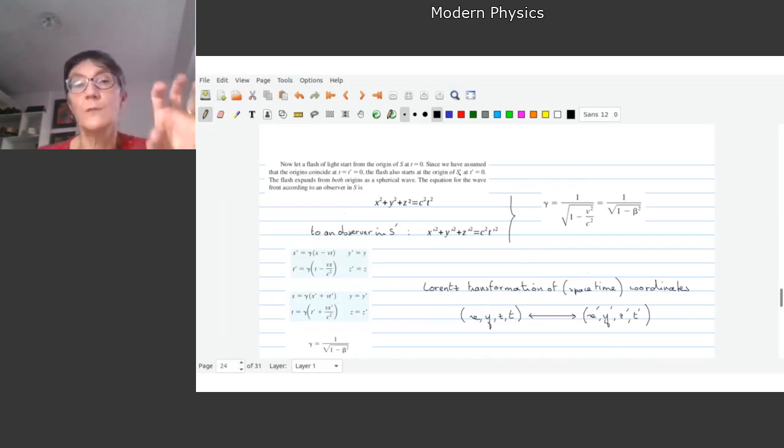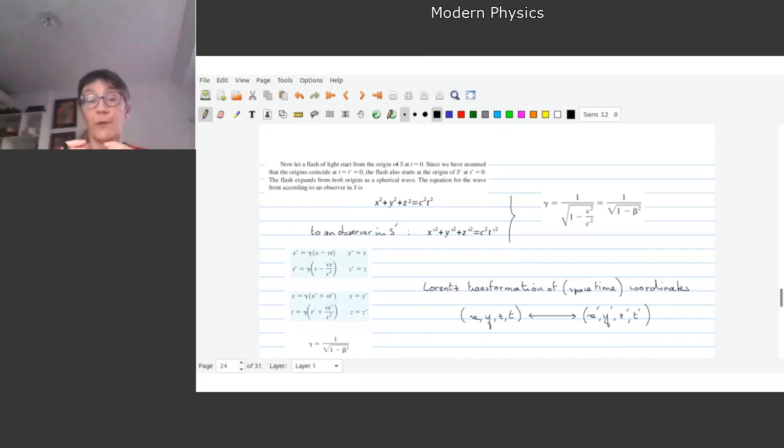So in S prime, at t prime equals 0, you also have a flash which will expand. And the thing is that in both reference frames, the light will propagate at velocity c.